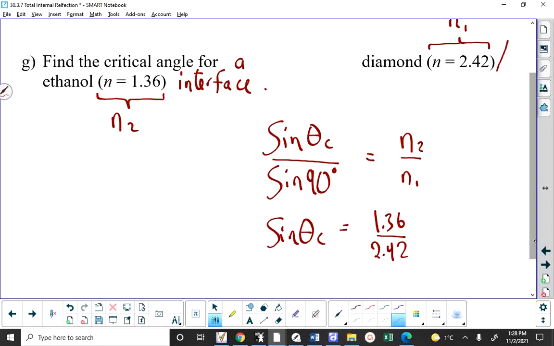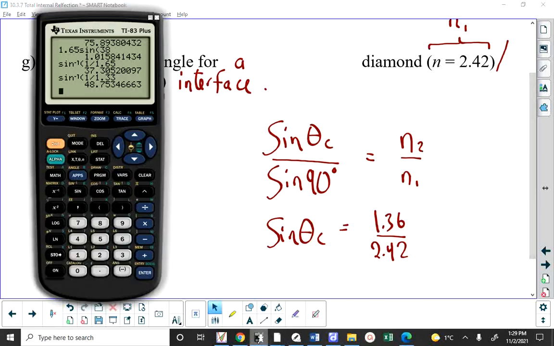By the way, if you're finding a critical angle, and you go inverse sine to find the critical angle, not an angle of refraction, and you get an error, then you put these in the wrong order, when you're finding the critical angle. So it's approximately 34.2 degrees.